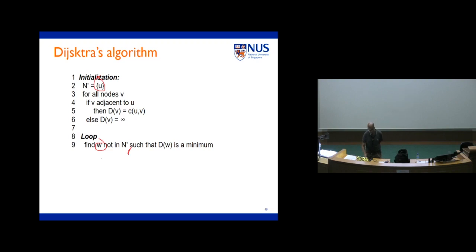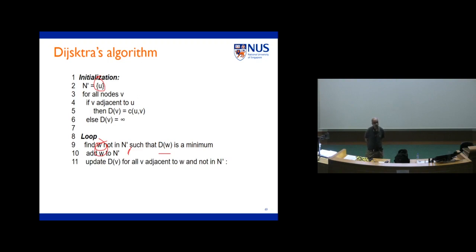We need to find a node that is not in N prime, but whose distance is the lowest. And then we will add that to our set N prime. So from all the other nodes, I will pick the one with the least distance, and I will add it to my set N prime.